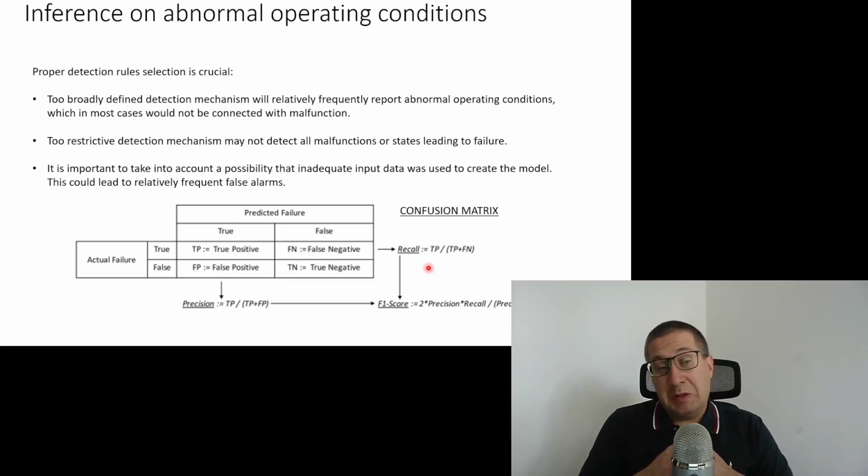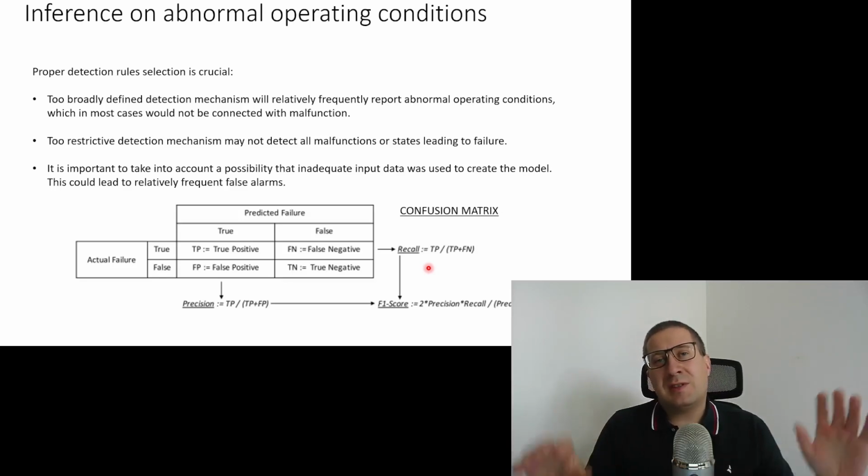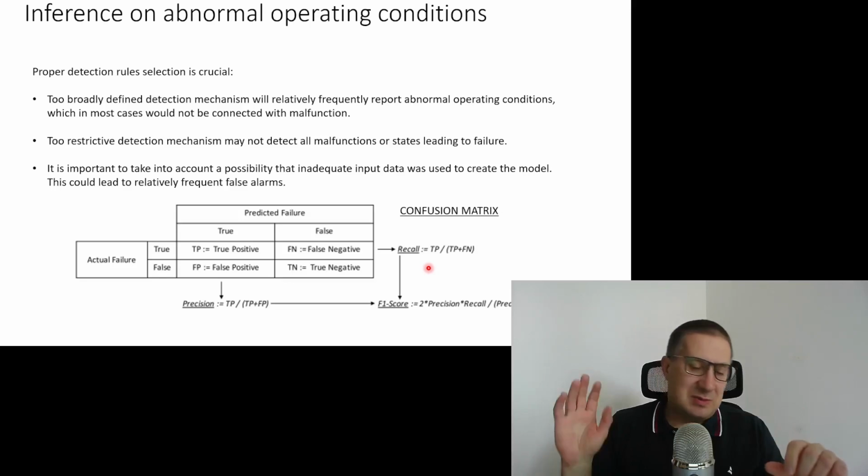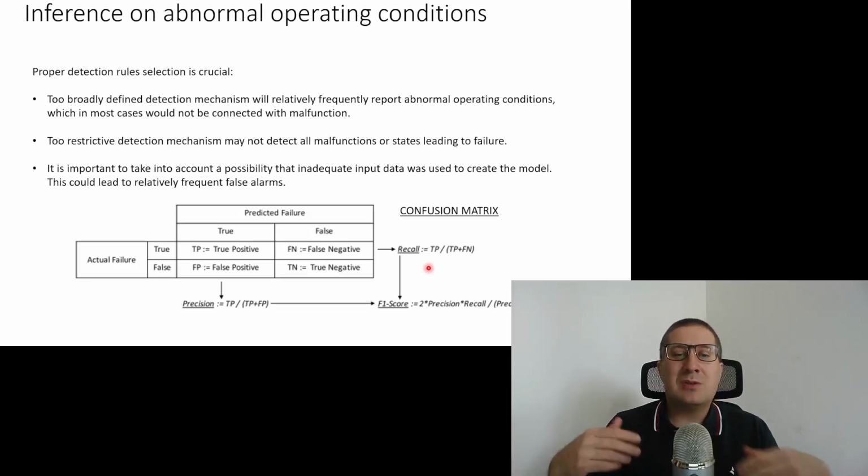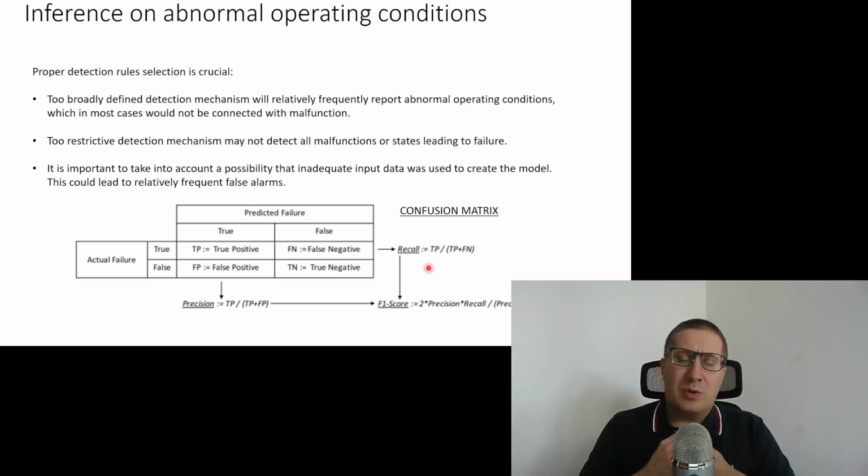So in most cases, it would not be connected with a real malfunction, right? So the operators, the dispatchers, the maintenance teams will stop our algorithm, because it will give too many false positive alarms.